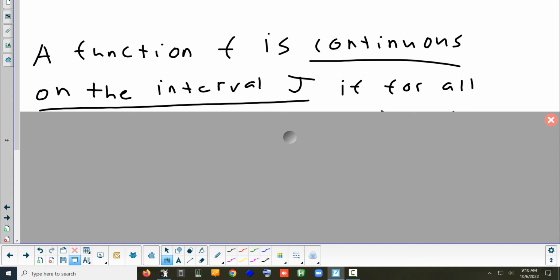So we can say that a graph is continuous over a certain section. Sometimes the whole graph isn't continuous, but maybe you can find a section that is. Like if I had a graph like this, the whole thing isn't continuous, but maybe I could trace from 1 to 4, and that small section is continuous. Or maybe I could find tons of other sections that are continuous.